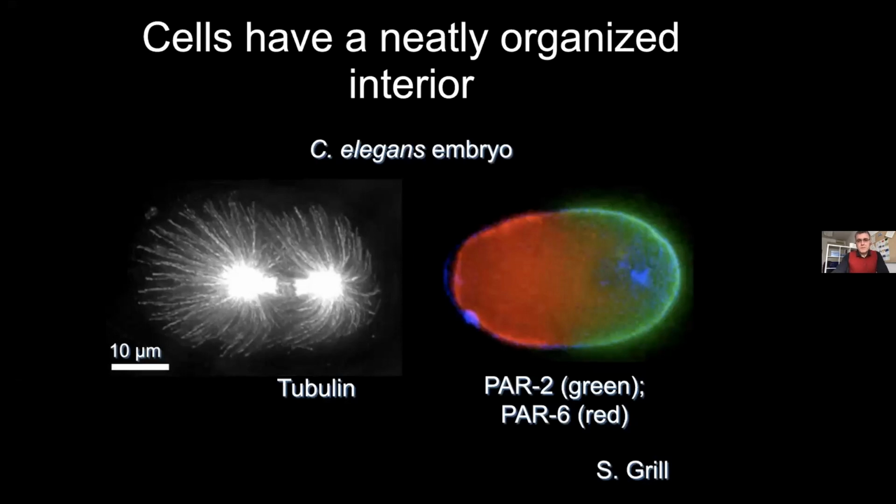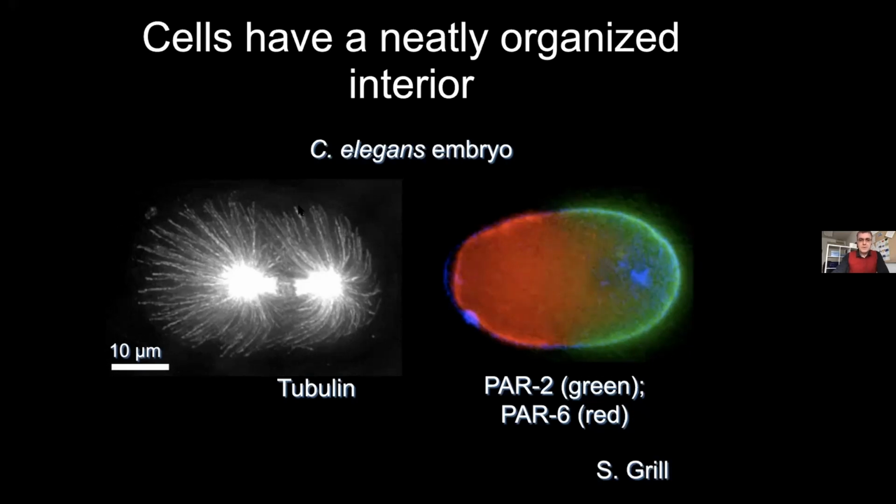So when we check cells, we can see something really striking. They are neatly organized. They have an organized interior. For example, here you can see this beautiful spindle that is positioned within the cell with respect to the cell cortex. And you can see nicely organized microtubules.